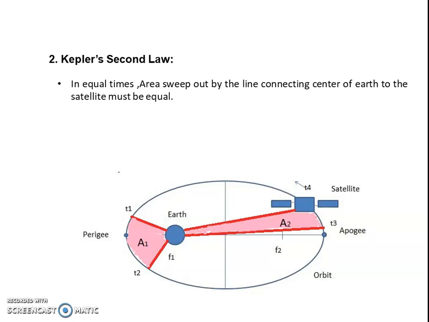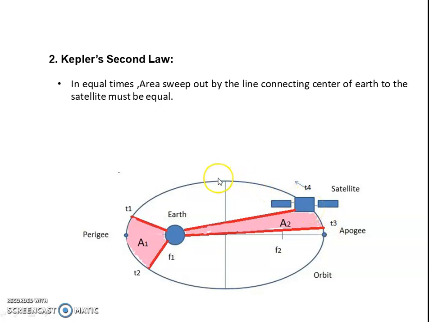This will be possible only if the satellite rotates at a variable velocity. So we can say that whenever the satellite moves away from the Earth, at a greater distance from the Earth, its speed or its velocity will be slow.